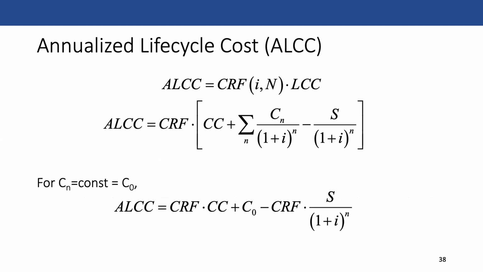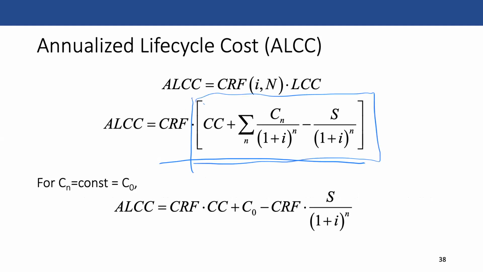So annualized life cycle costs. This equation here is the same as before, where you have the LCC, which is the sum of your capital costs plus your annual costs and maintenance for both fixed and variable operating costs, right?